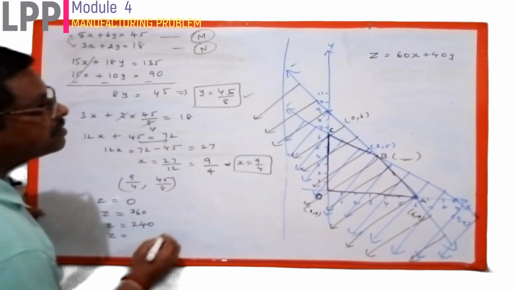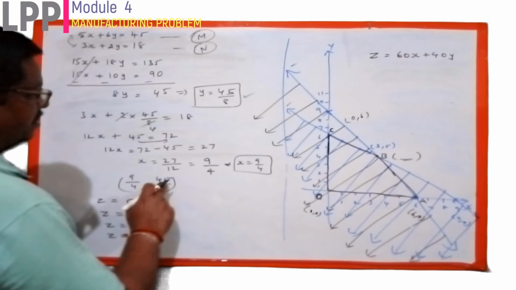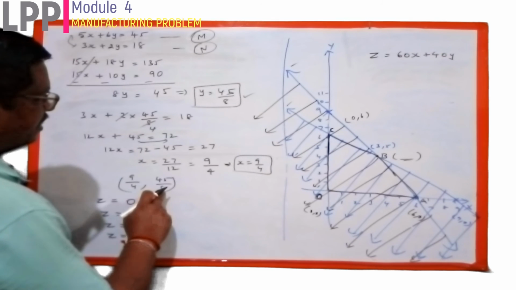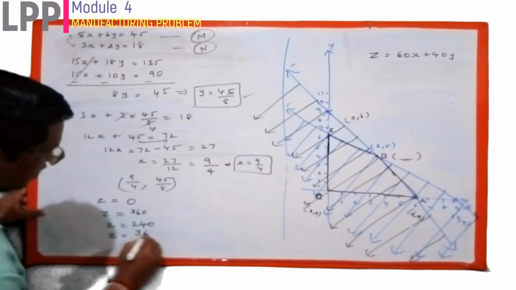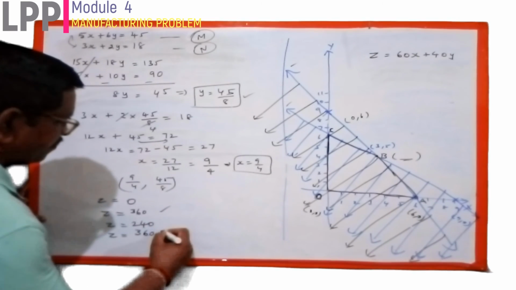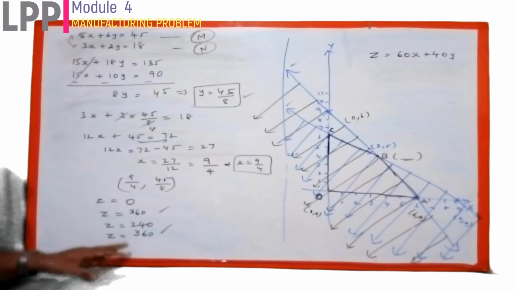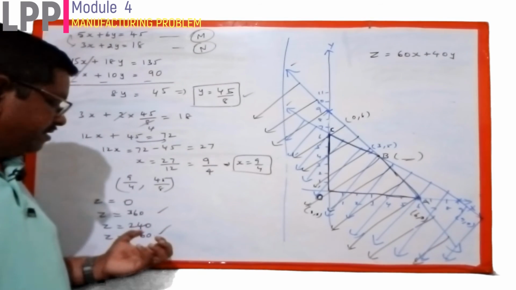We will get 60 into 9 by 4, simplify, plus 40 into 45 by 8, simplify. Here also we get 360. You simplify and find it, 360. So here for two different points we are getting 360 as the maximum value. So maximum value we got.